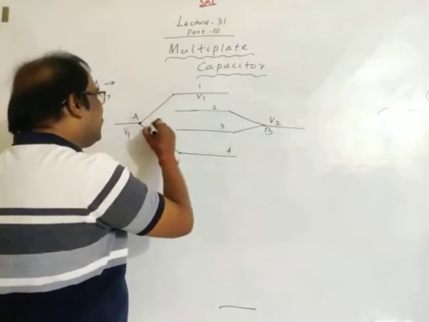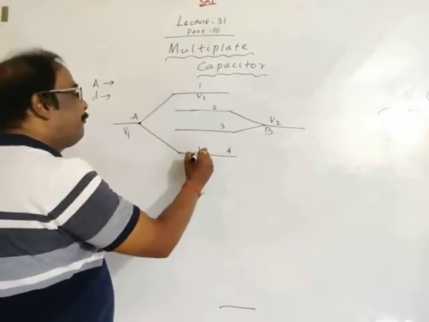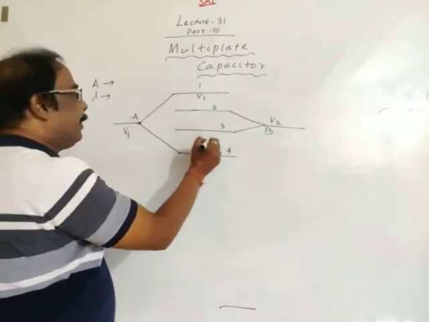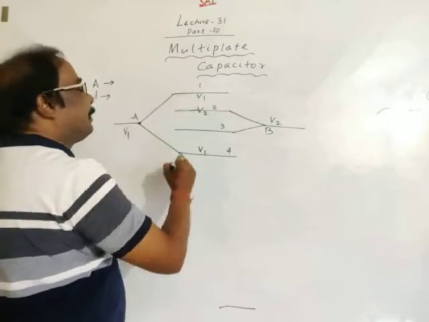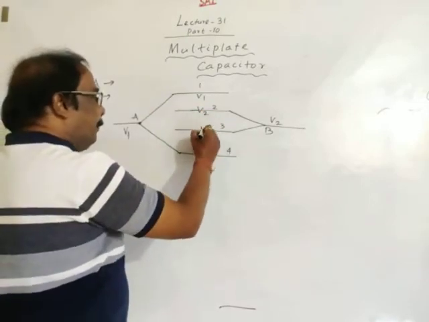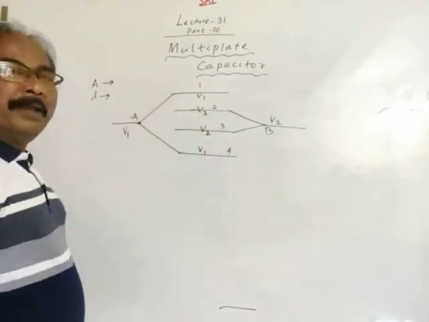Obviously, plate 1 is at potential V1, plate 4 is at potential V1, plate 2 is at potential V2, plate 3 is at potential V2.